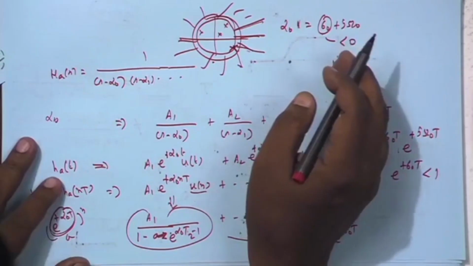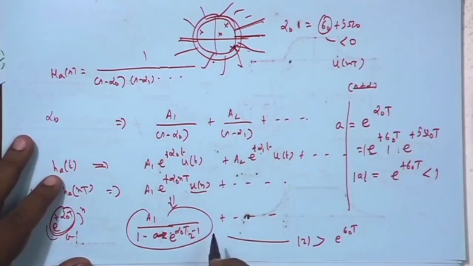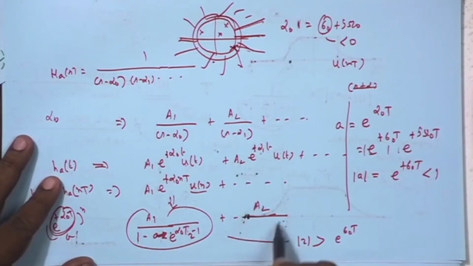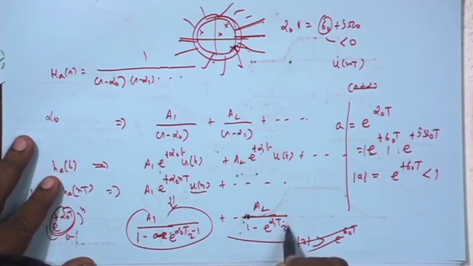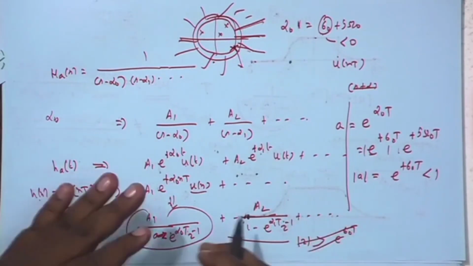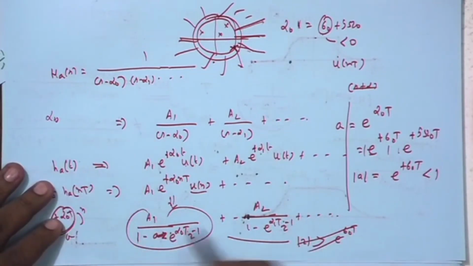So it is both causal and stable, and rational, because this will be of the form A 1 by 1 minus e to the power alpha 0 t z inverse. The next one will be 1 minus e to the power alpha 1 t z inverse, and so on. If you add all of them, there will be a polynomial in the denominator in terms of powers of z inverse.